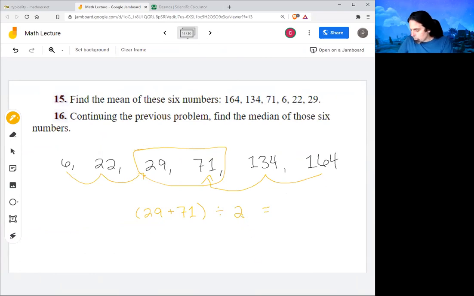And whatever that is, 29, 64.5. Oops, no. I forgot my parentheses. Don't be like me. 50. Okay. Ah, I caught my own mistake.